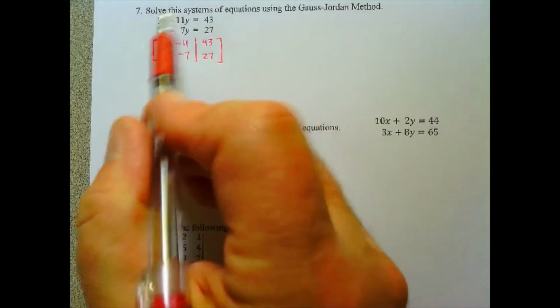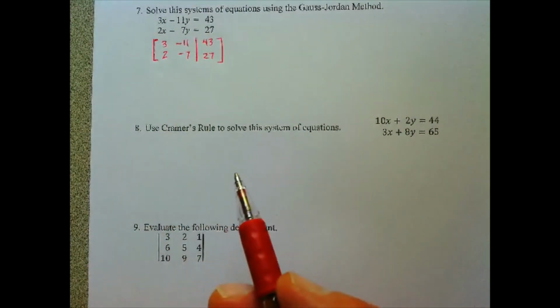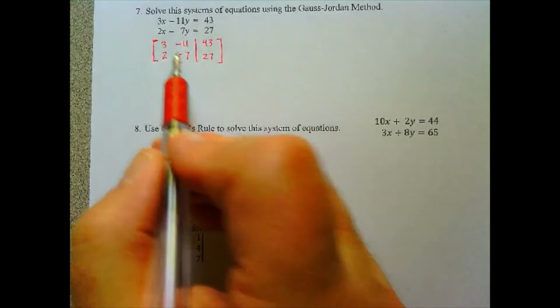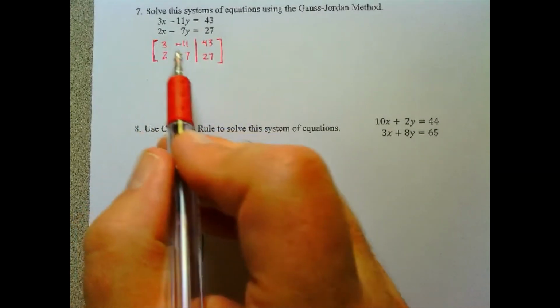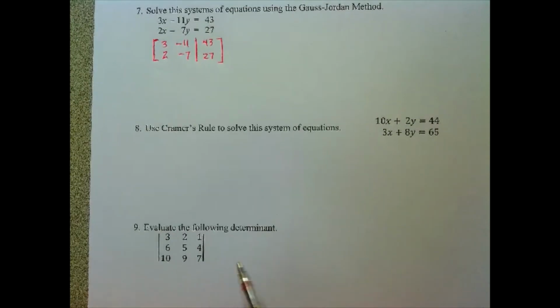So we have written an expanded matrix in which these parts come from the x's and y's, and then these parts come from the coefficients there. And then, as I said, we want to make this part be 1, 1, 0, 0, and that'll tell us what our x and y are.